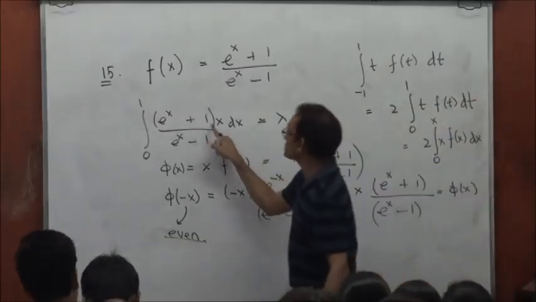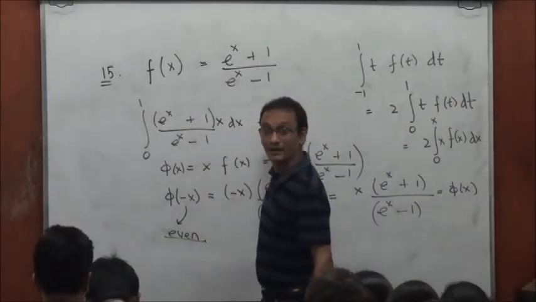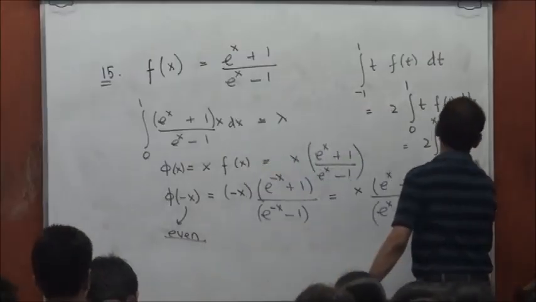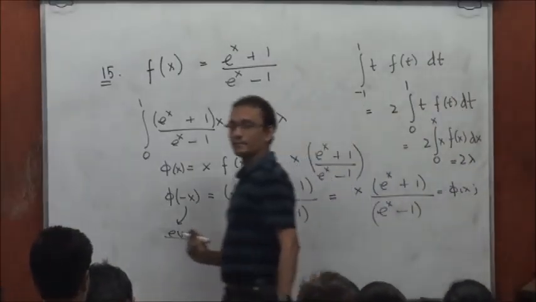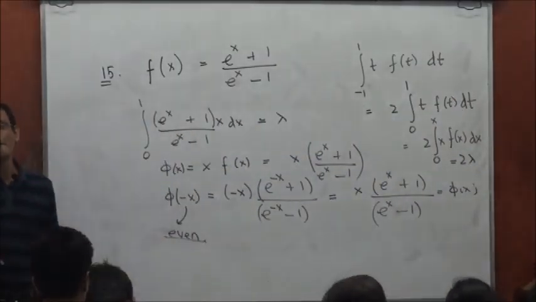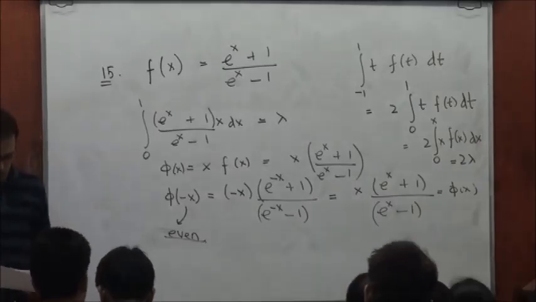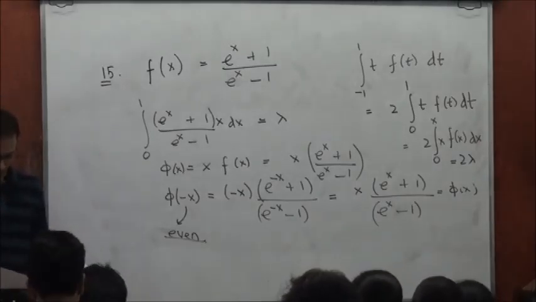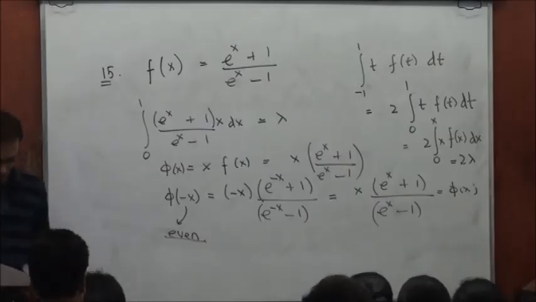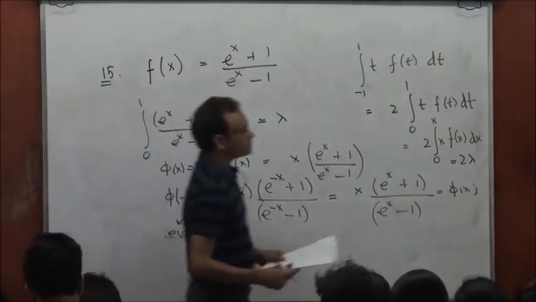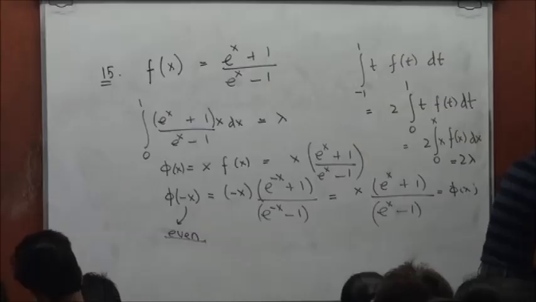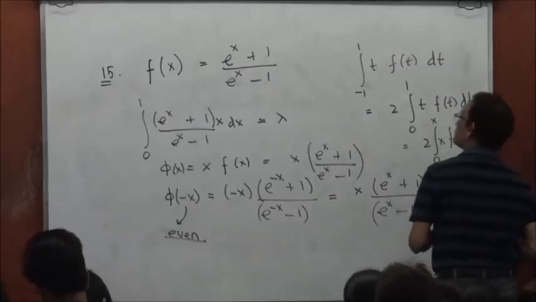Hey, but do you realize that this is x f of x dx 0 to 1, that's lambda. So this must be twice lambda. Right? Okay, so useful property, this one pretty useful.